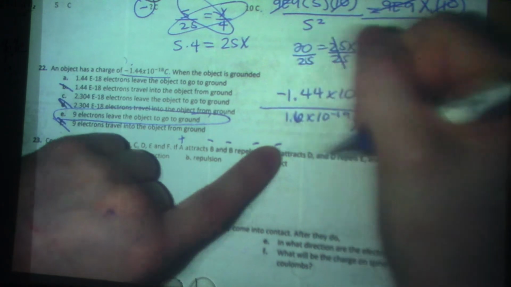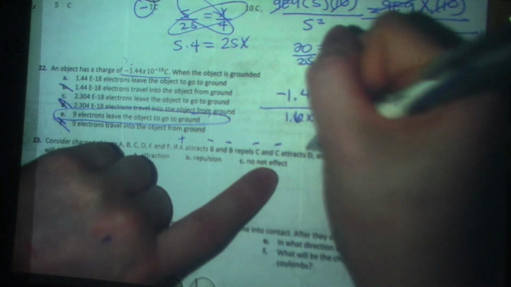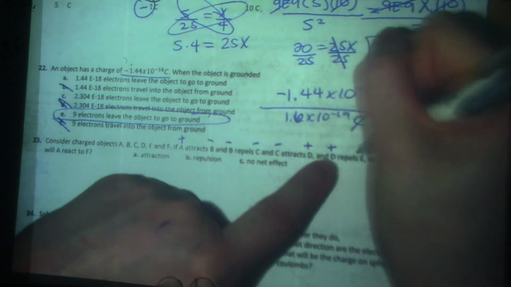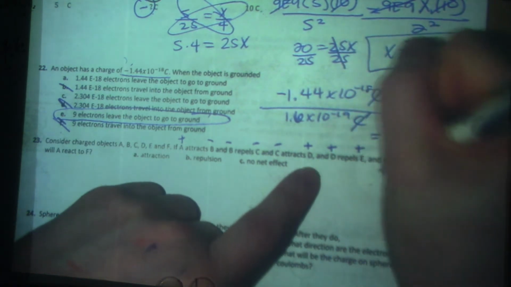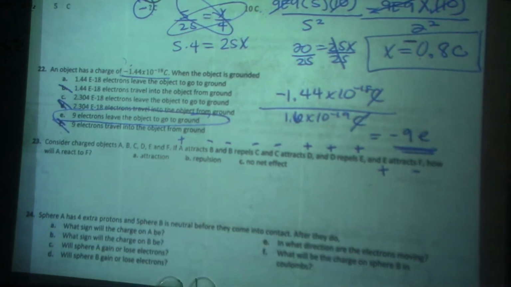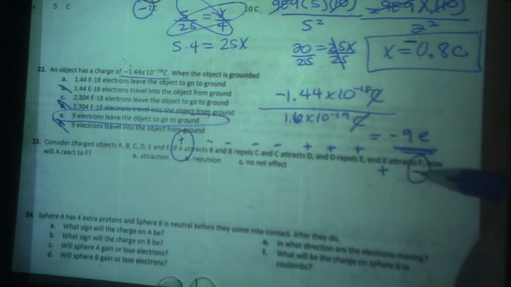And then the negative C attracts D, well, opposites attract, so D is positive. And then D repels E, likes repel, this is positive. And then lastly, E attracts F, and opposites attract, this is negative. So then A, which we said was positive, would then attract F, which is negative, so attraction for 23.